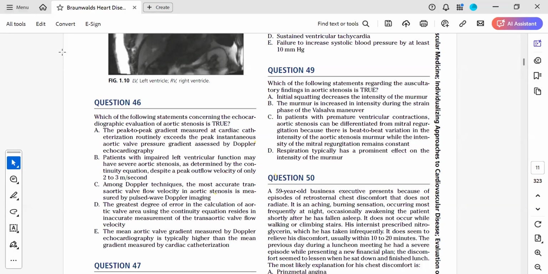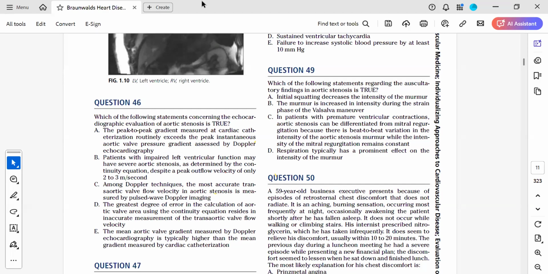Yes, I'm back. So we know that for severe, the aortic valve area is usually less than 1, while the mean gradient for mild is usually less than 20. For moderate it is 20 to 30. For severe it is more than 40. Very severe can be as high as 60.